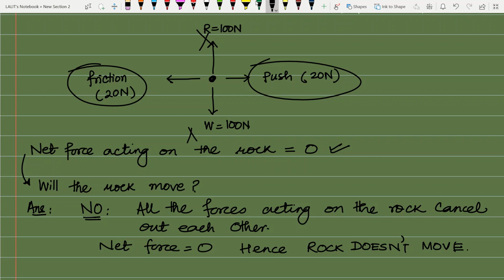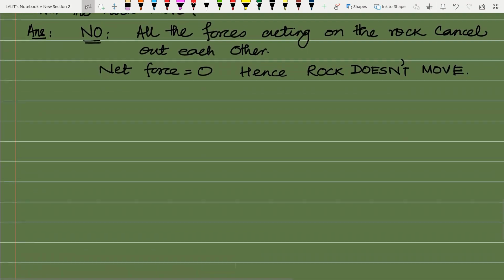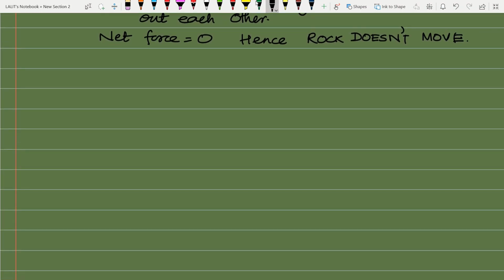When the net force acting on a system is 0, we call the forces balanced forces. So we are going to talk about balanced forces now. What is a balanced force?